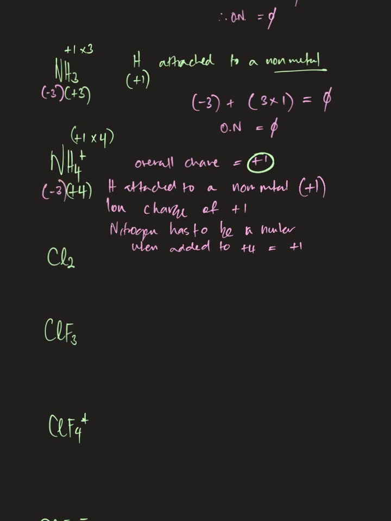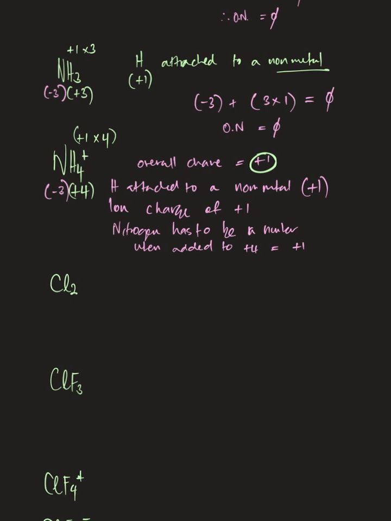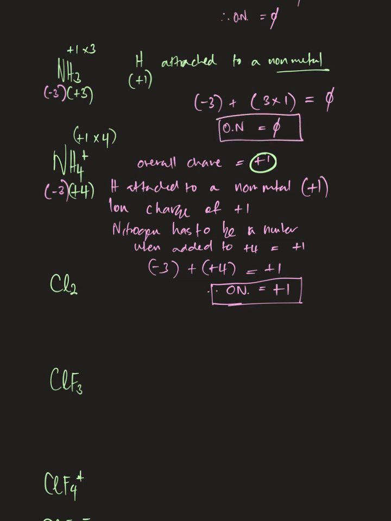So negative 3, just pen this down. Right, I'm going to have negative 3, negative 3 plus 4 is going to give me plus 1. Therefore, the oxidation number is equal to positive 1. Here's my answer there. So it makes sense. Alright, let's have a look at the next ones.